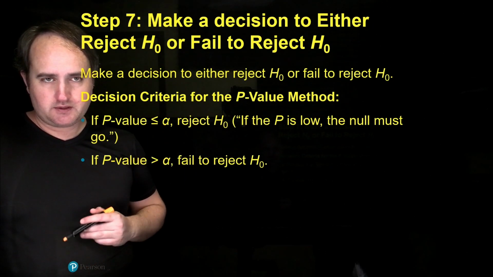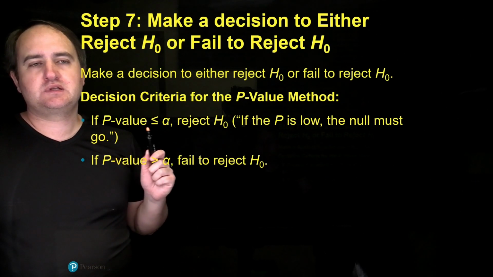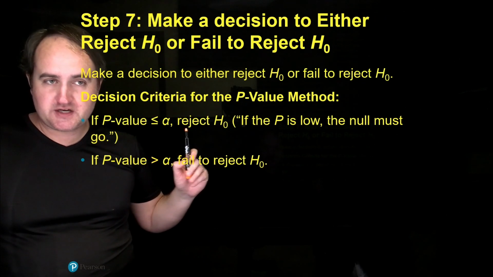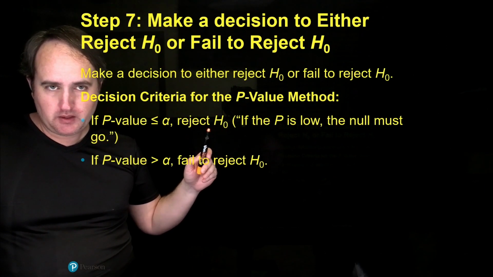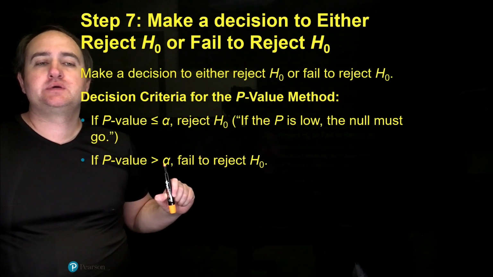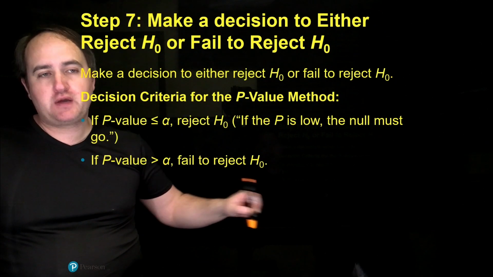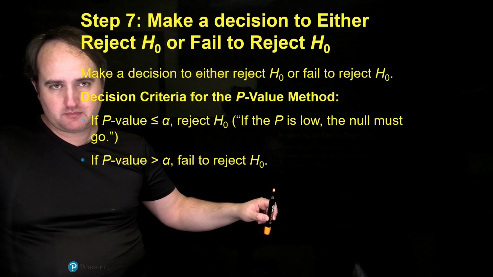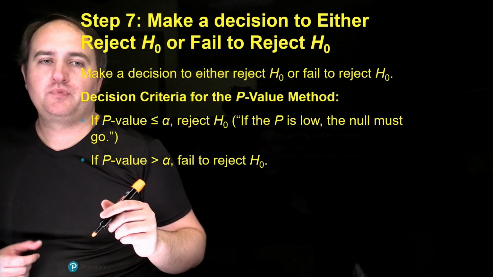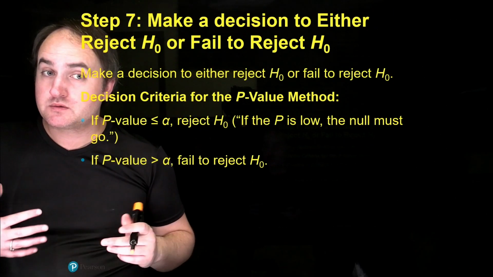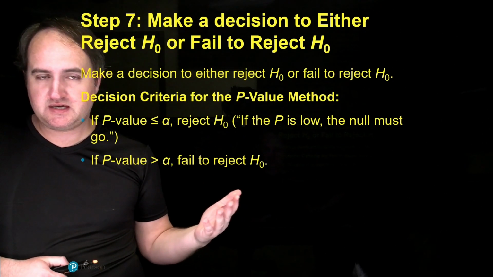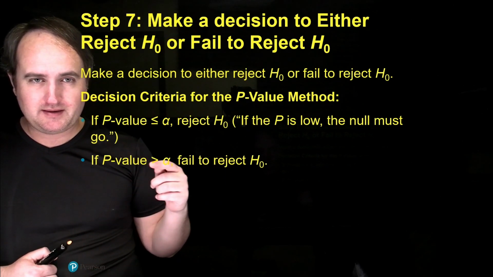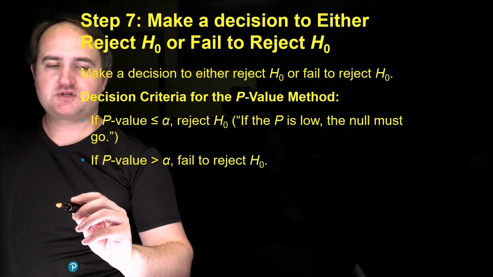So if the p-value is less than or equal to alpha, you reject H naught. We'll talk more about what that means later. But if the p-value is greater than alpha, you fail to reject H naught. So the p-value we got on this problem was a p-value of 0.1056 because it was a right-tailed test, so 1 minus the 0.8944 gave us our p-value.